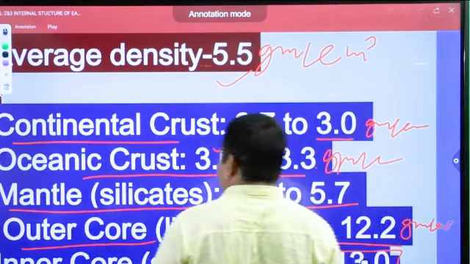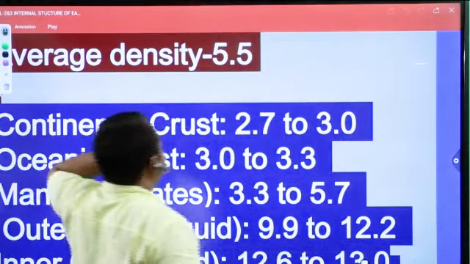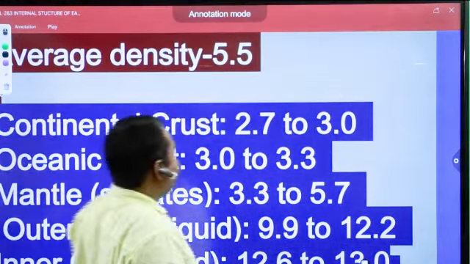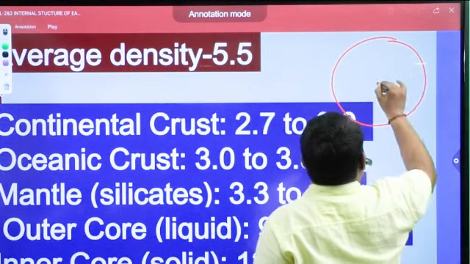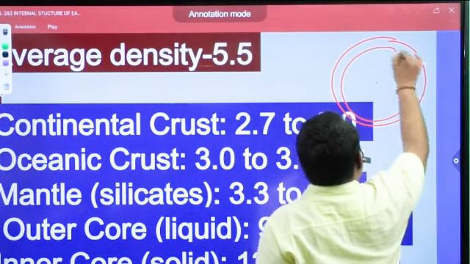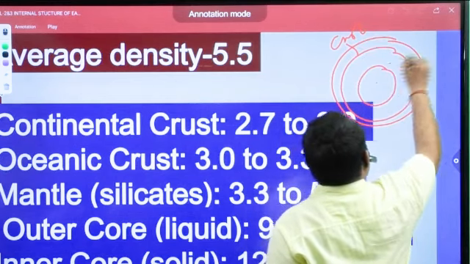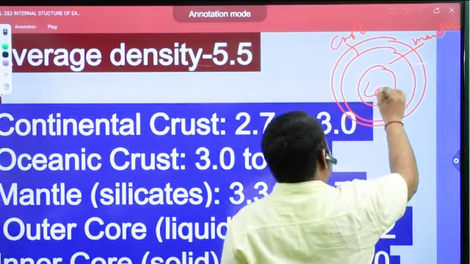In such circumstances, we can say that density is going to increase from surface towards center as these layers lie towards the center. The first layer is called crust, the second is mantle, and the third is the core.